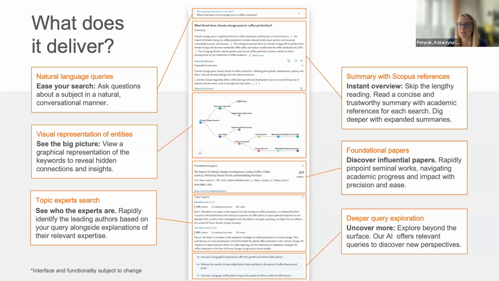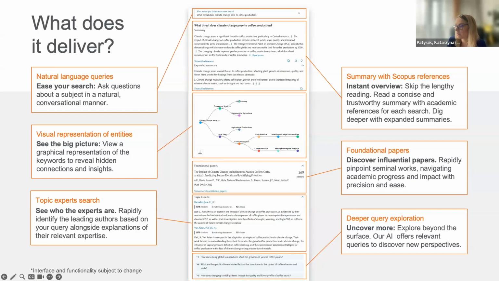Visual maps are in this case very helpful to organize the knowledge and try to figure out which information is the most important one. And then we have the foundational papers, so information about the most influential ones, the high impact Scopus papers on the topic. And we have also topic experts, so you can easily check who is leading, let's say, in the field that you are trying to discover.